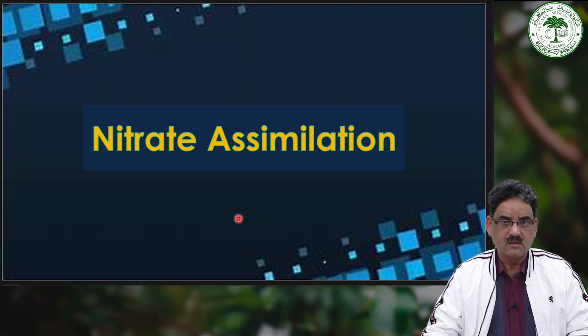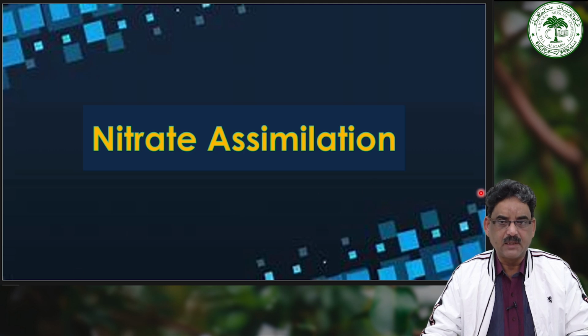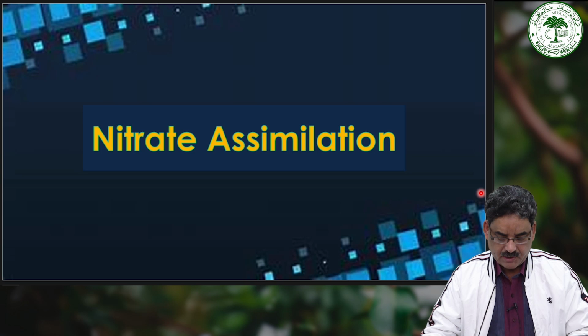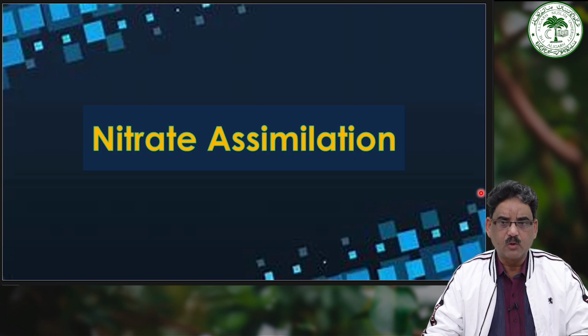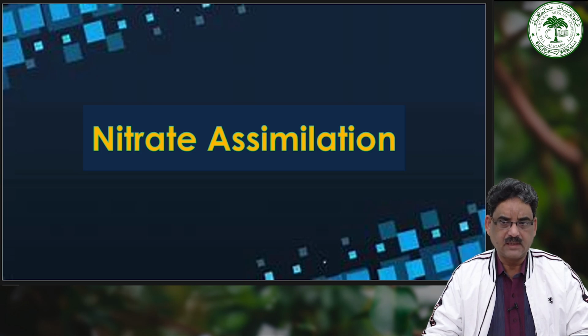The topic of today's discussion is nitrate assimilation in plants. As you know, nitrogen is an essential nutrient for plant growth and development, and one of its primary sources is nitrate.